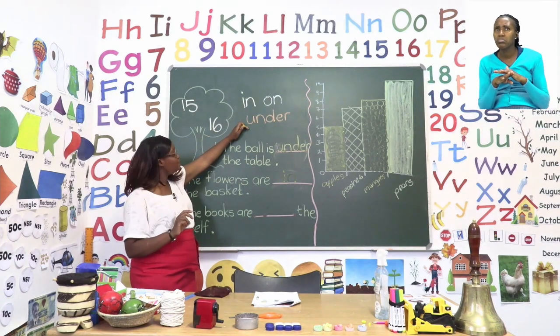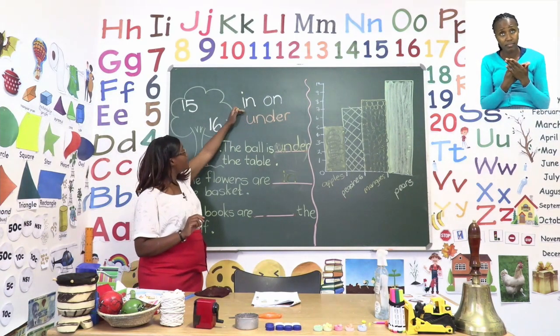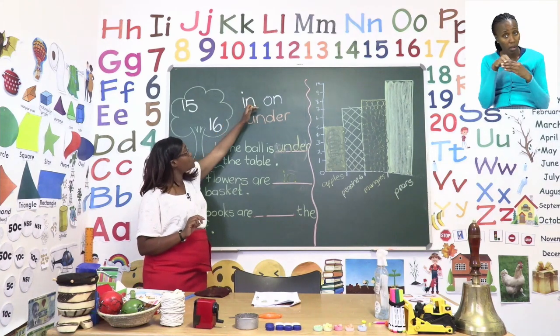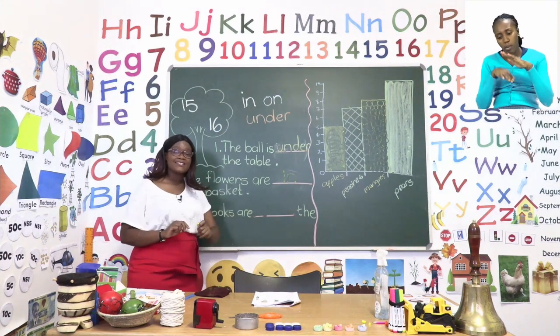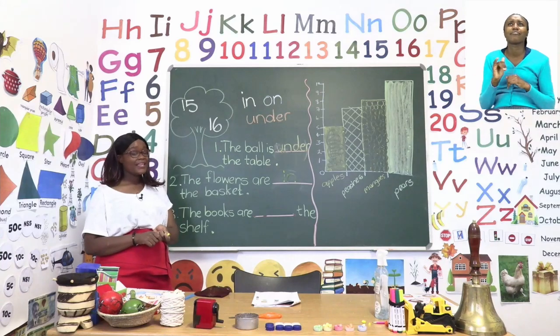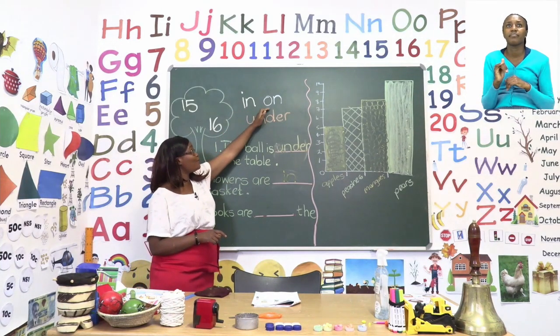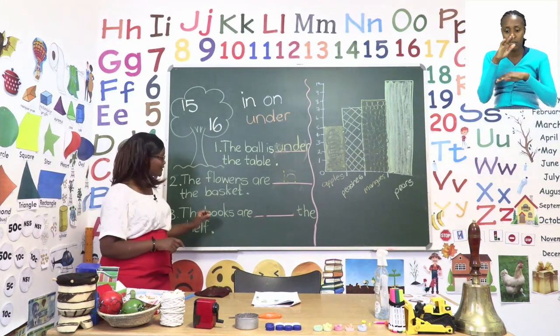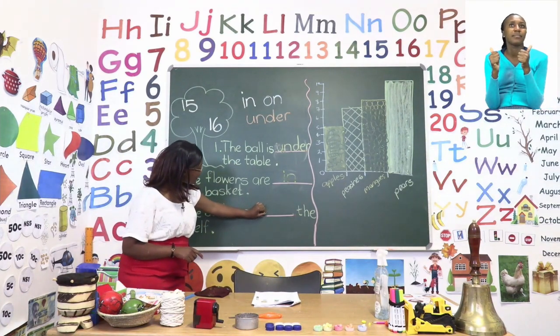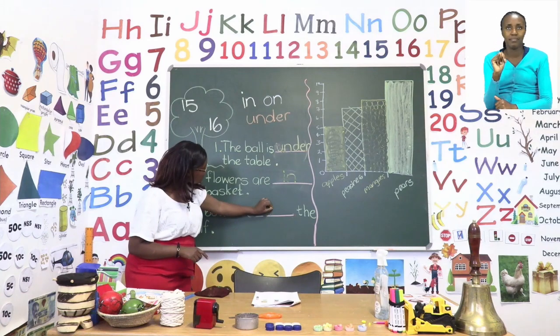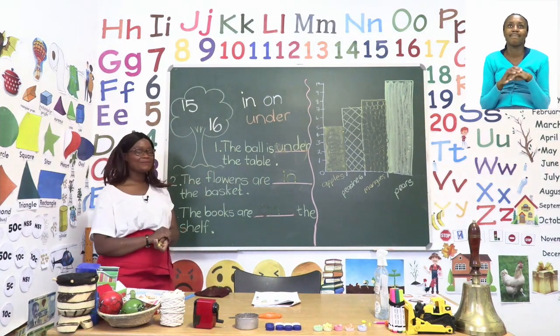Look at your picture. Do we say the books are in the shelf? Or do we say the books are on the shelf? If you said on the shelf, well done. So go ahead and fill that in. Now your sentences are complete.